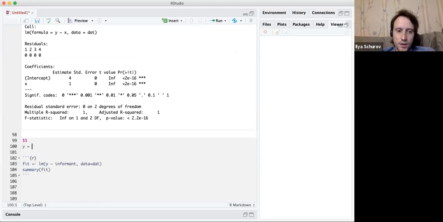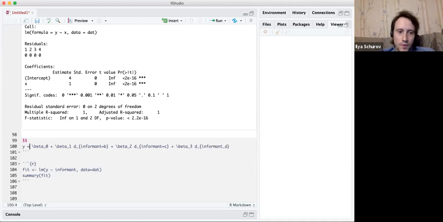Let me consider the model for which y equals beta naught plus beta 1 times the dummy variable for informant B, plus beta 2 times the dummy variable for informant C, and so on.